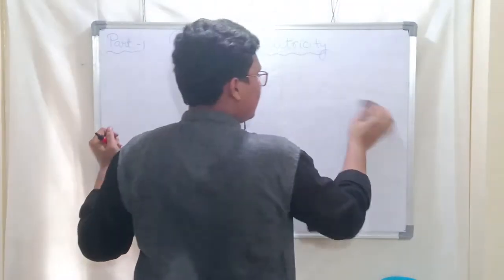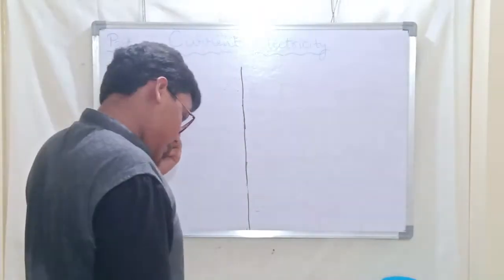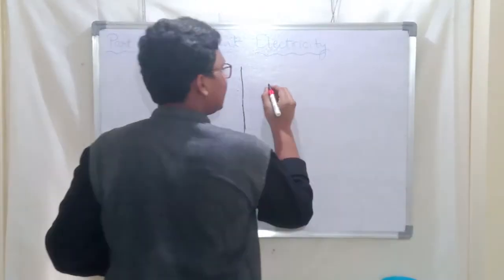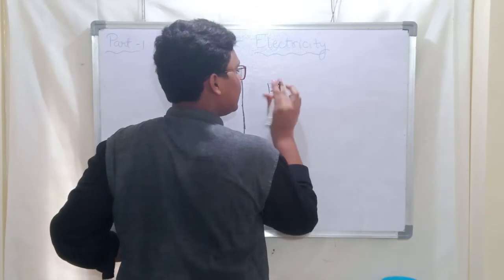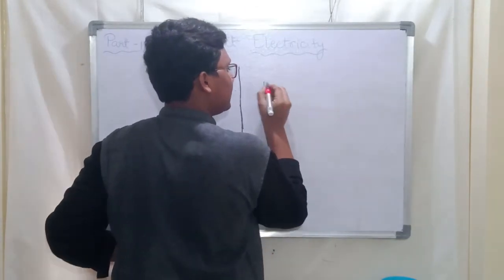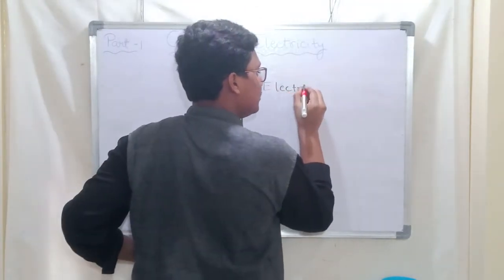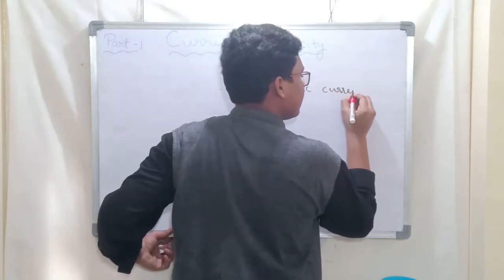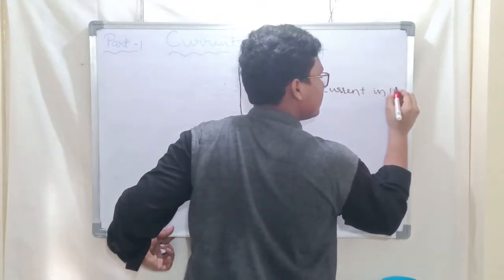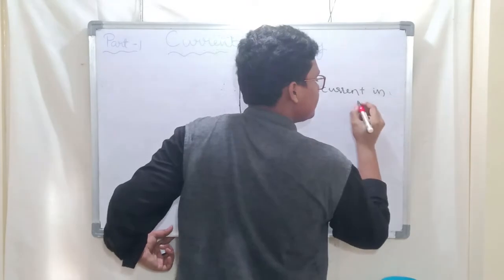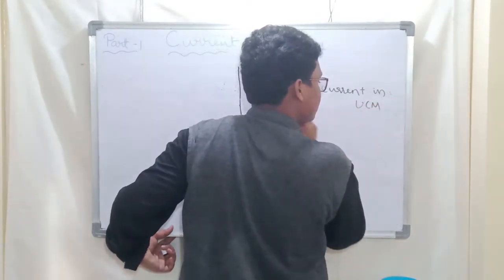And see, this is one thing: electric current in UCM. UCM means uniform circular motion.